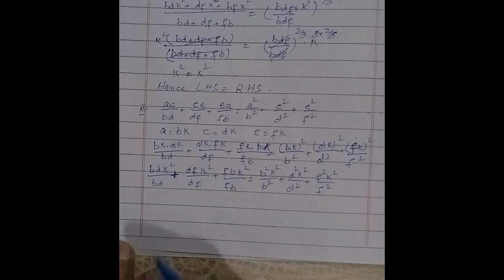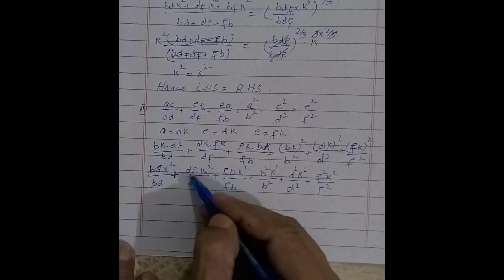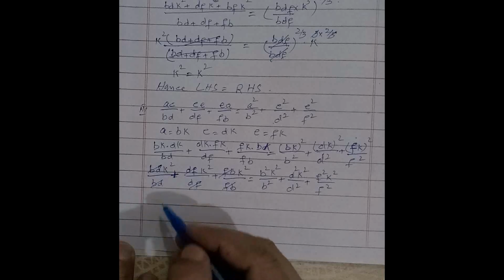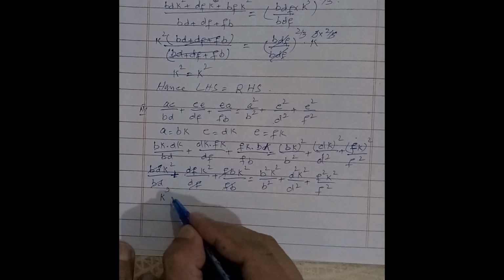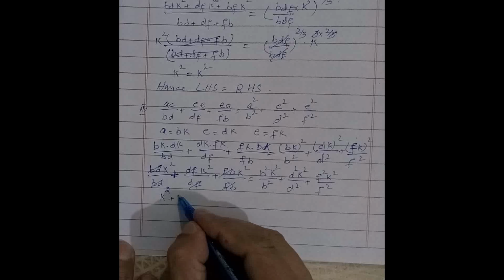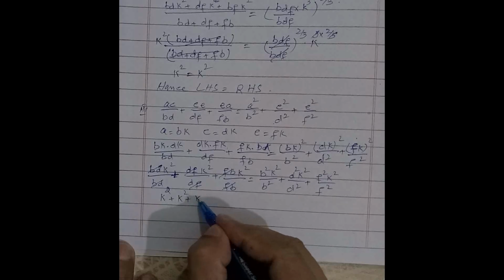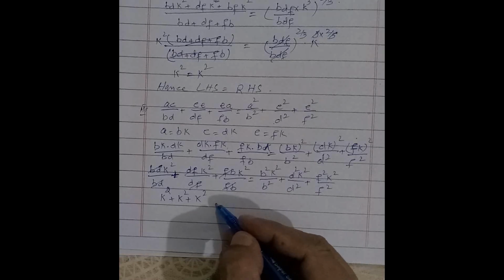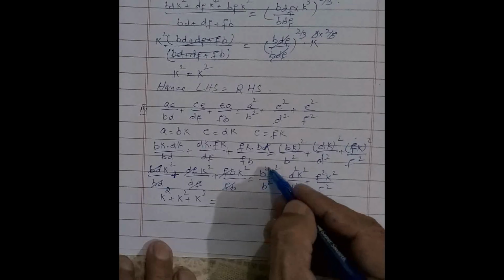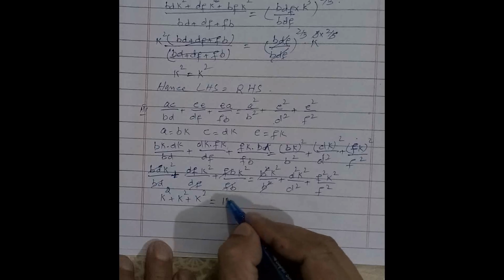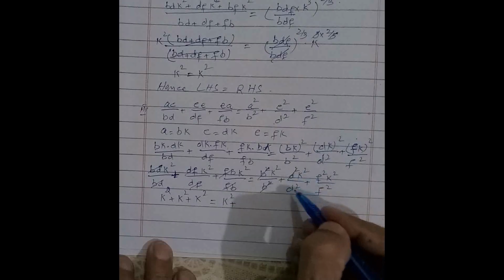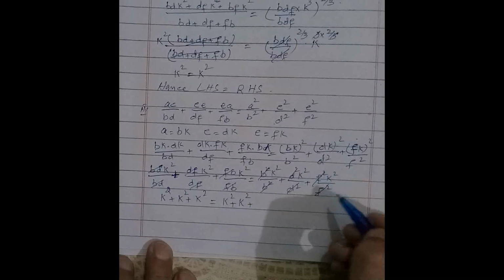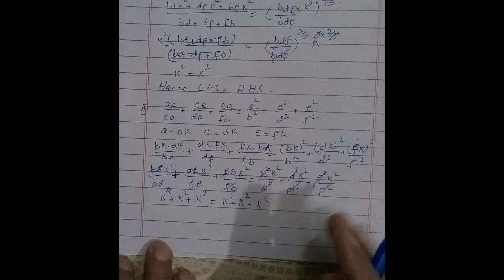Now these values cancel each other. We have k squared plus k squared plus k squared is equal to, B squared cancels with B squared, k squared, D squared cancels with D squared, k squared, F squared cancels with F squared, we have k squared.